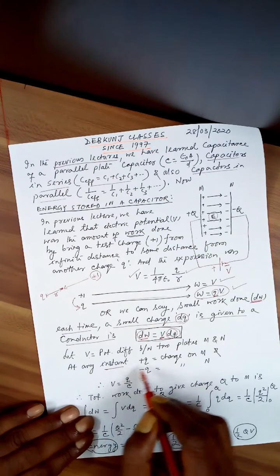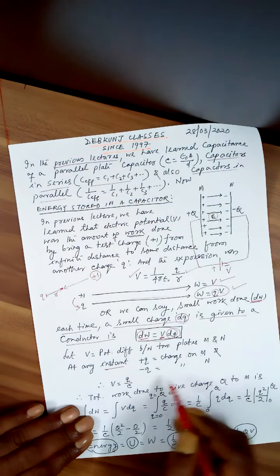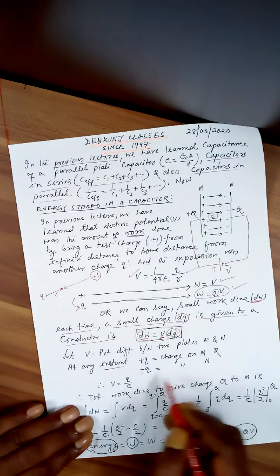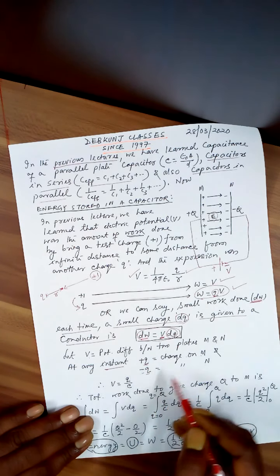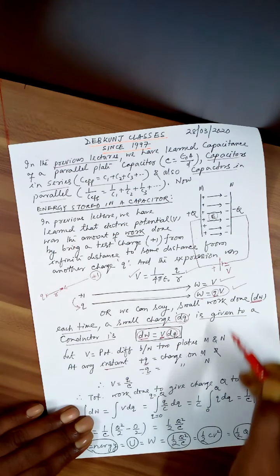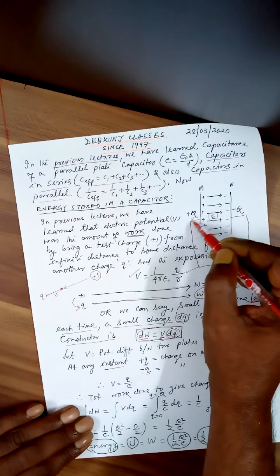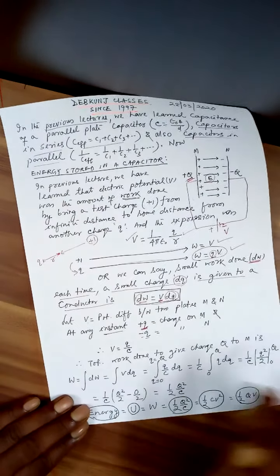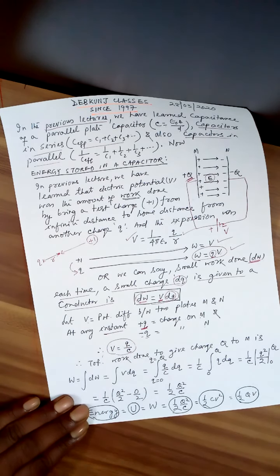At any instant, let plus q be the charge on plate M and minus q the charge on plate N, both written in small letters. As I am giving more and more charge, this plate will acquire a capital Q, which is definitely more than small q. Therefore, V is equal to q by C, which we have done in the previous lectures.